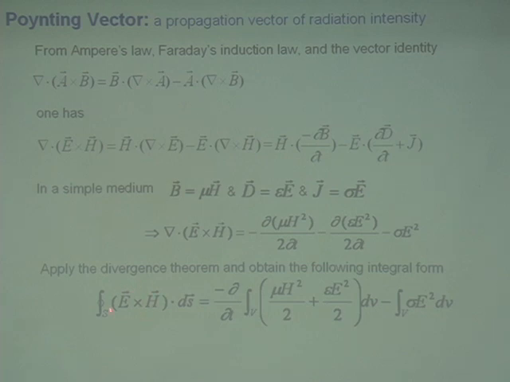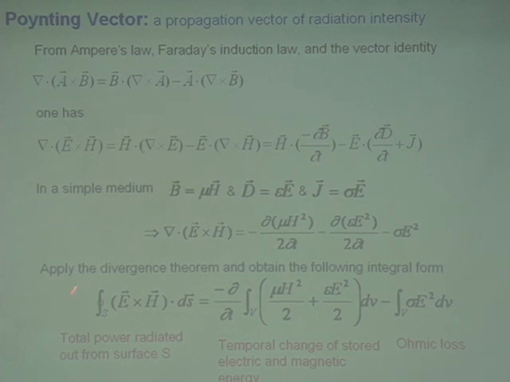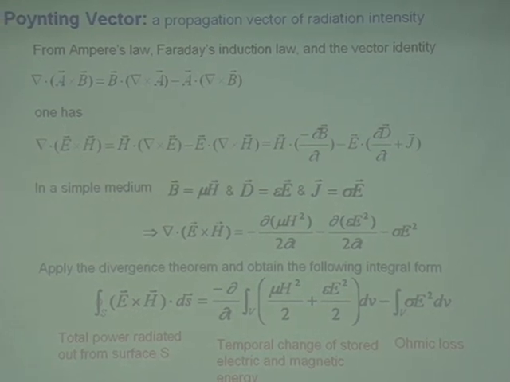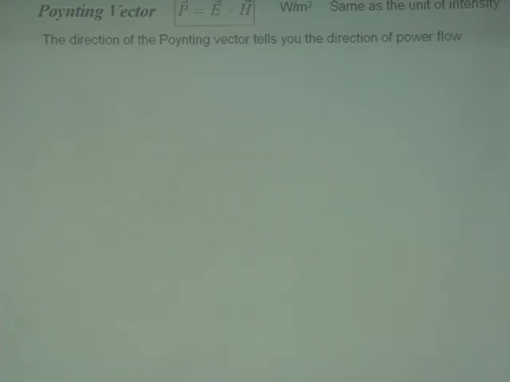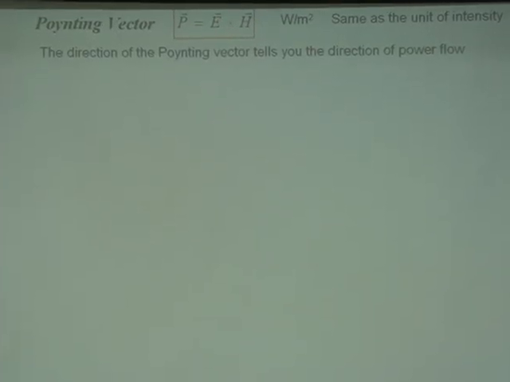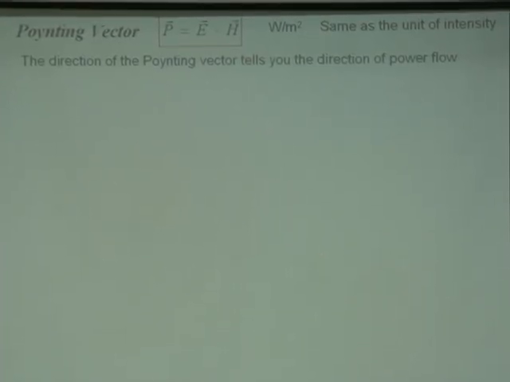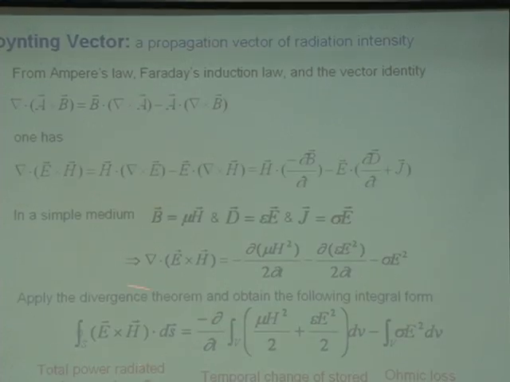Okay, so this is a very important calculation, E cross H. It also tells you the direction of this energy flow. So this is called the Poynting Vector. Any questions about the physical meaning of this equation? Okay, so the Poynting Vector is written as E cross H because the surface integration gives you the power, the time change of the energy according to this equation.